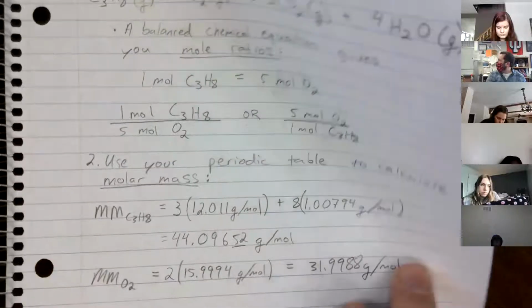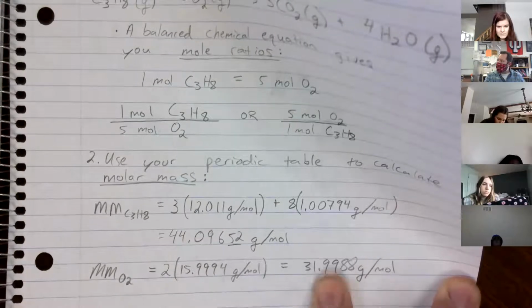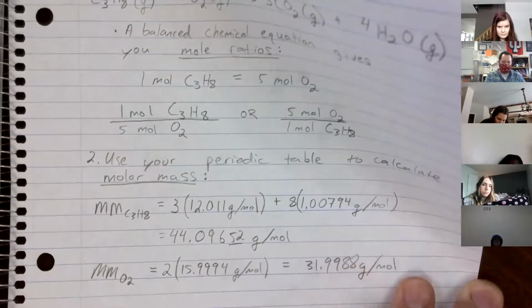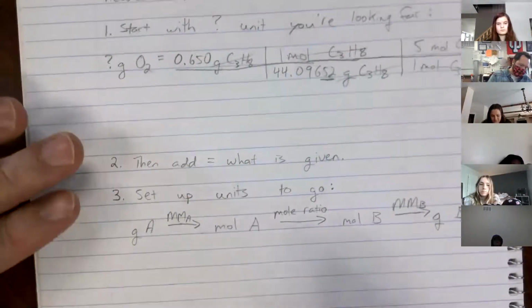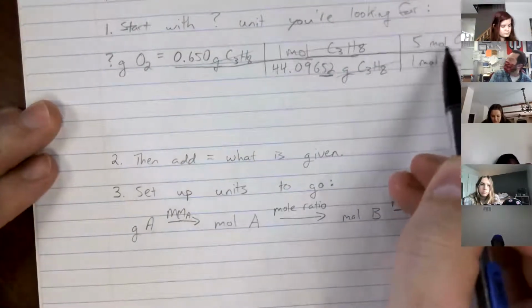One more time, got to flip back to the other page here. There's our grams to moles ratio. I need to make sure I get the right unit on the bottom. I need moles of oxygen to cancel out.